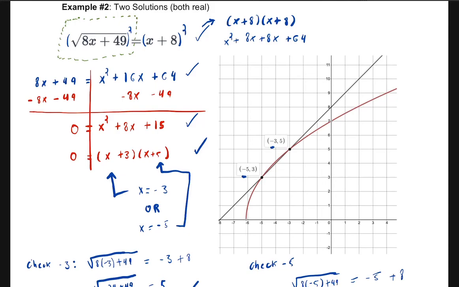If you square something that is a square root, you lose the information about what the sign of that thing was. You lose that information because if you take a negative and square it, it's positive. If you take a positive and square it, it's positive. So you lose that sign information, which can lead to some false solutions.